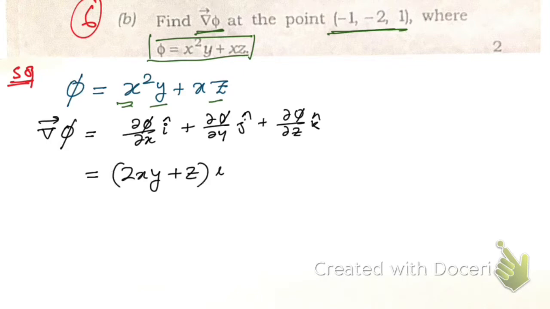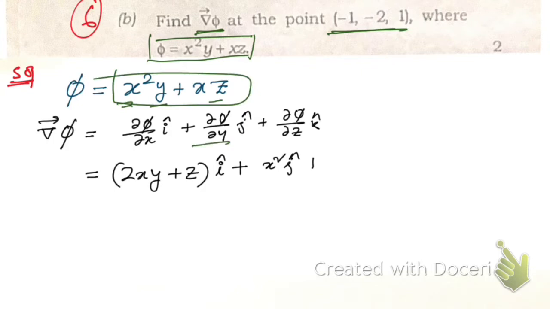So here it is i cap, and here you see x square j cap. If you differentiate this phi with respect to y, you will get x square j cap, right? And when you differentiate it partially with respect to z, you have to keep x and y as constant. I hope you know those things, right? So that's what we have got.